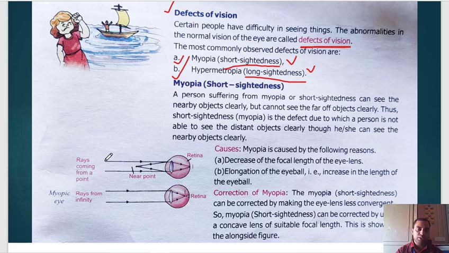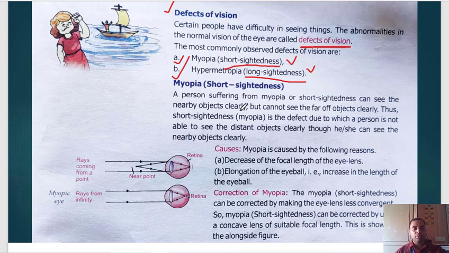This object is here, and at this point this is the focus. This is the lens. So a person suffering from myopia or short-sightedness can see a nearby object clearly. If something is present nearby a person who is suffering from myopia, he or she can easily see it clearly.